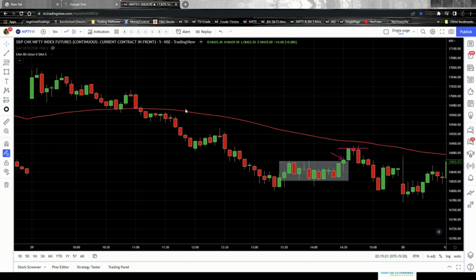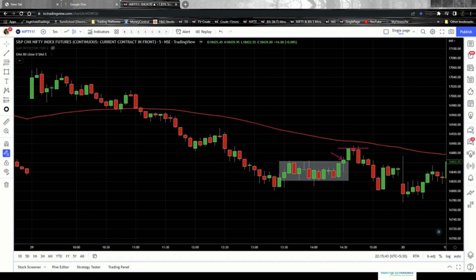Now, if you would have used this 80 EMA earlier, you would have clearly seen that this 80 EMA might work as a resistance and will not allow Nifty to go up further. So you would have avoided taking a buy trade at this point, if at all you would have used this particular indicator.